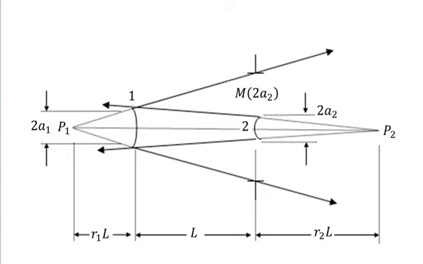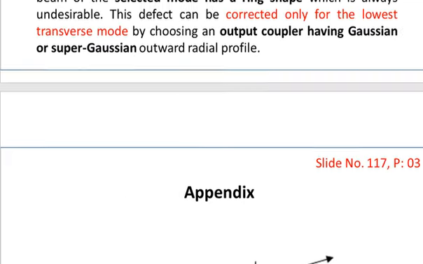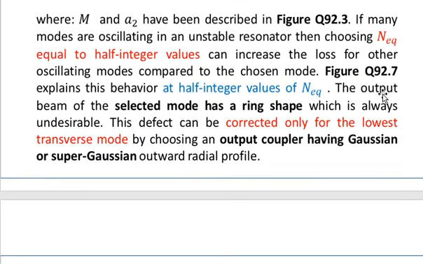Then you will have a ring shaped laser, that is a small hole in the beam in the center. The output beam of the selected mode has a ring shape, which is always undesirable.